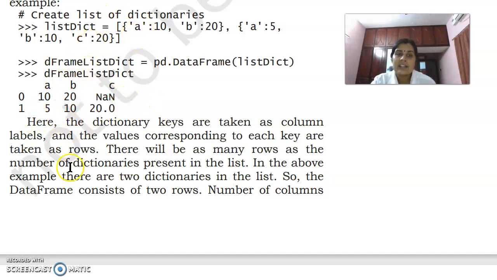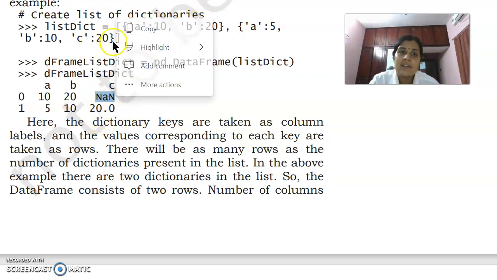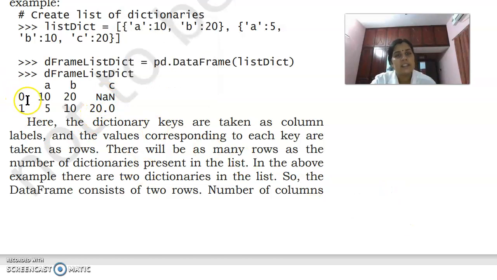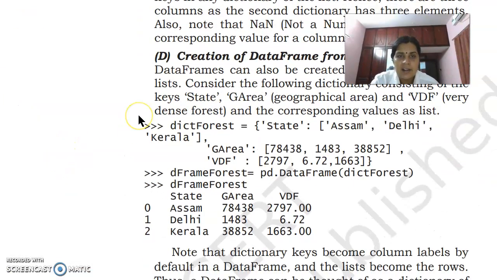Because the first dictionary contains A 10, B 20, C have no value. Second dictionary has A 5, B 10 and C 20. So here it is taken as not a number because the first dictionary didn't contain the element. Index starts from 0, so 0 and 1 are the index.